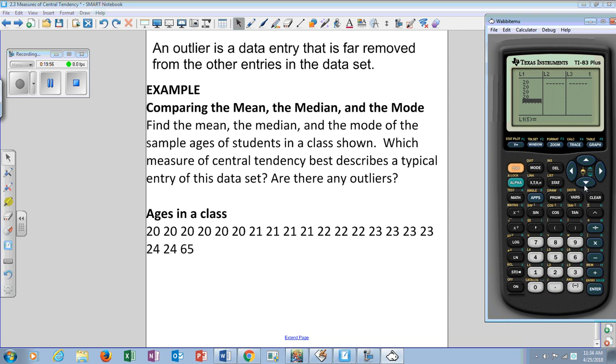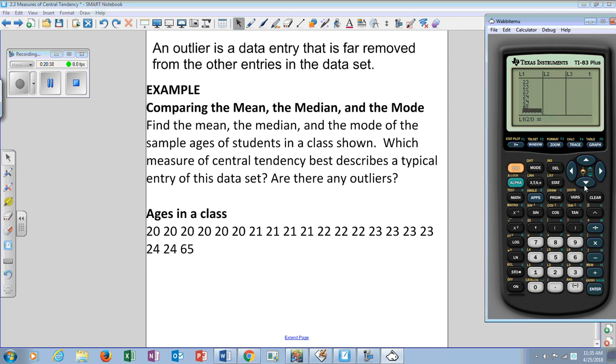So there are 3 20s, 4 21s, 3 22s, 4 23s, two 24s and a 65.